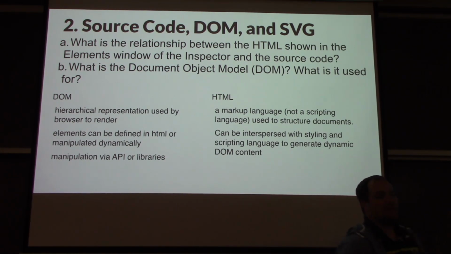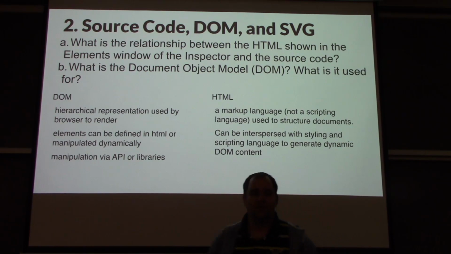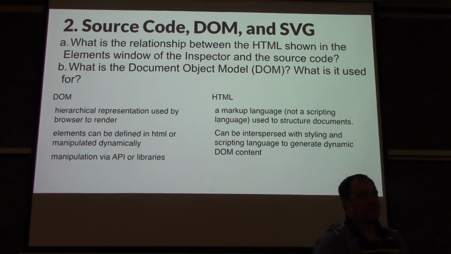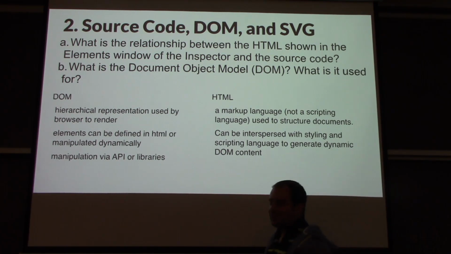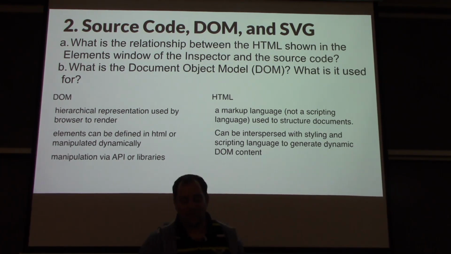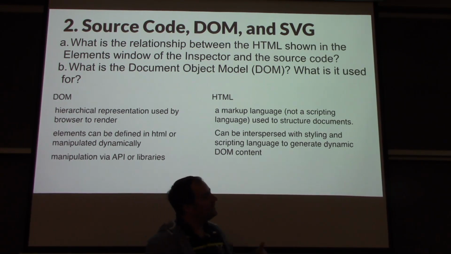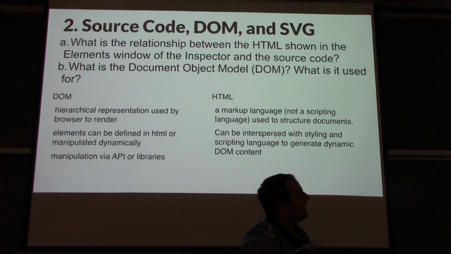So what you see in the inspector is essentially what is dynamically generated as the DOM. So that could be generated by JavaScript. So for example, if we implement something in D3 and manipulate the DOM dynamically, we have a representation at that current time point in the DOM, which we see in the inspector.